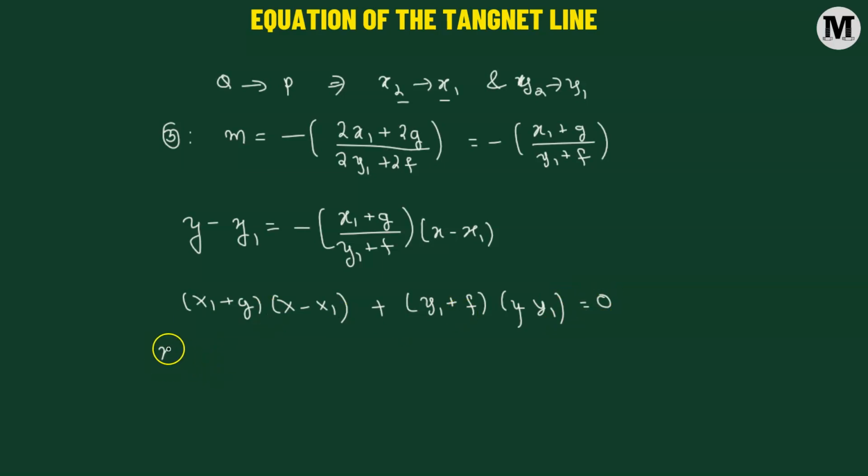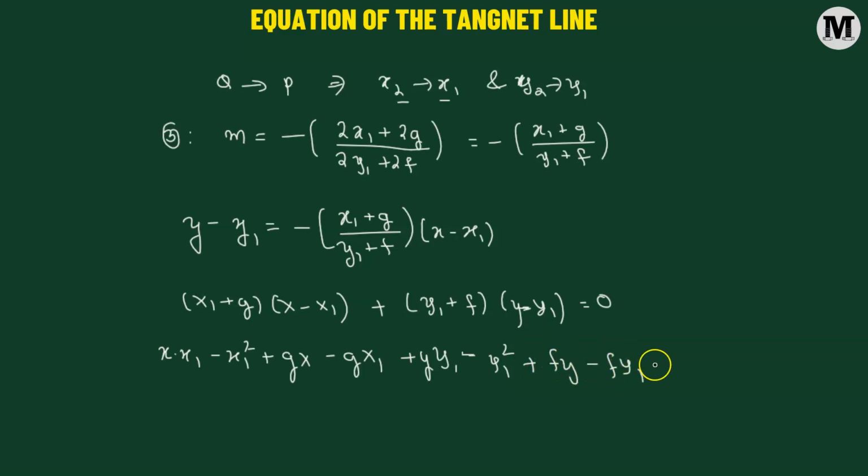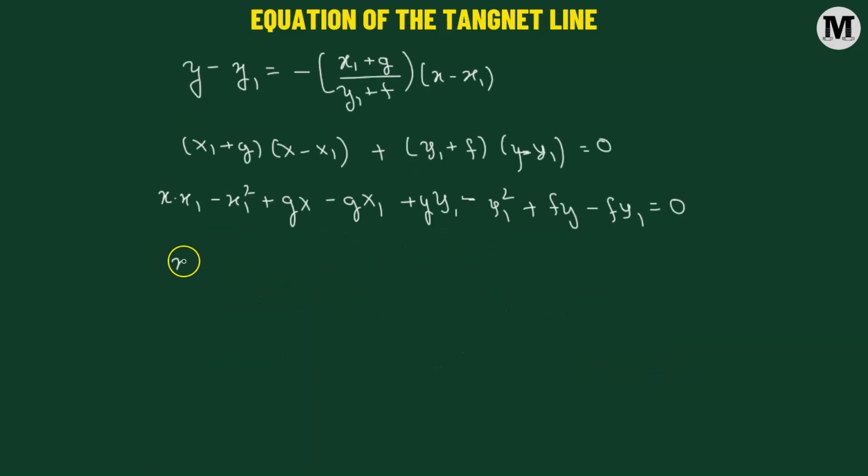Let's expand it. We're going to get x times x1 minus x1 squared plus g times x minus g times x1 plus y1 times y, y times y1 minus y1 squared plus f times y minus f times y1 equals 0. Fine. Now let's further simplify this. We're going to get x times x1, this is done, plus y times y1, this is also done.